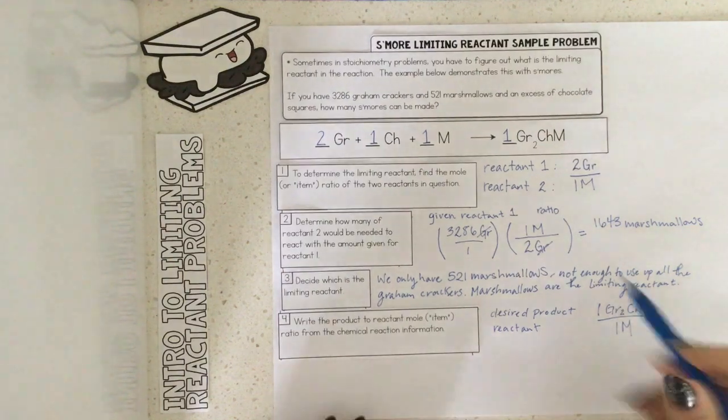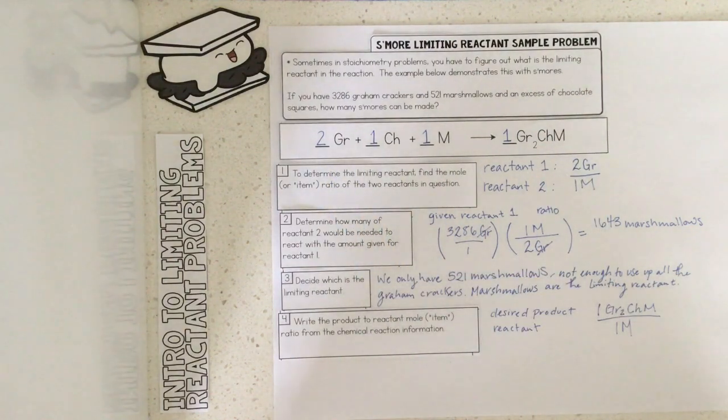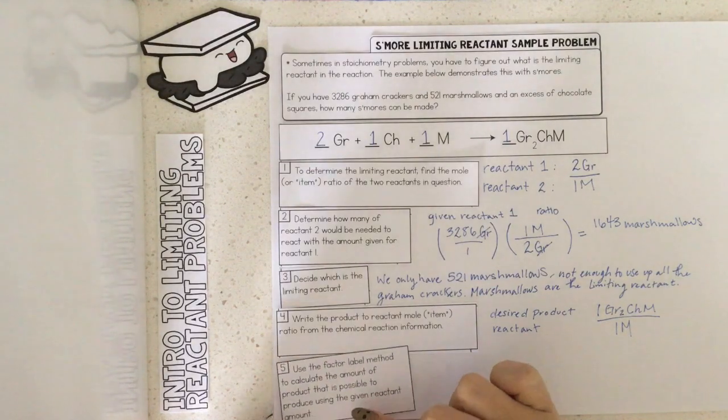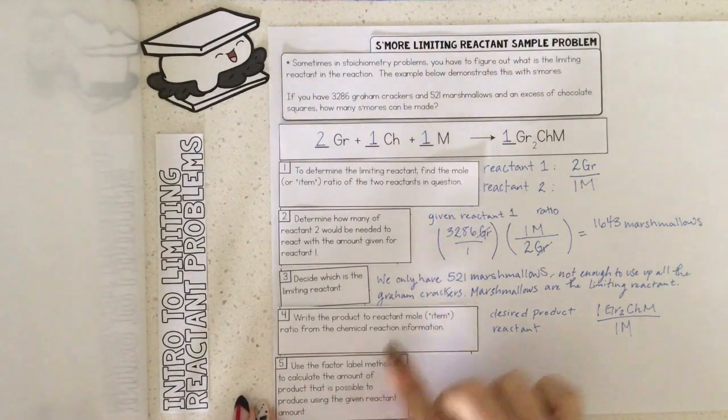Remember, these coefficients are in the balanced chemical reaction. Now we're finally going to calculate the amount of product we can make using our limiting reactant.